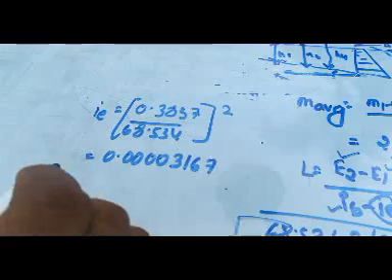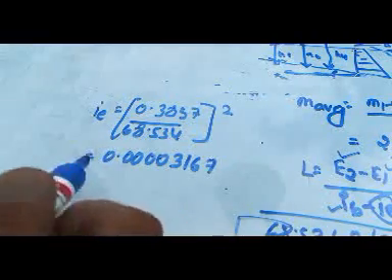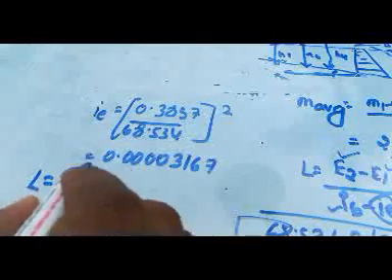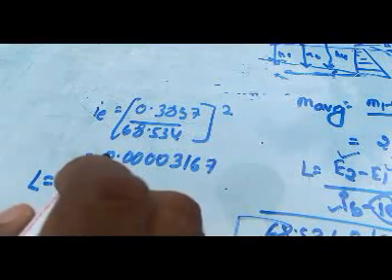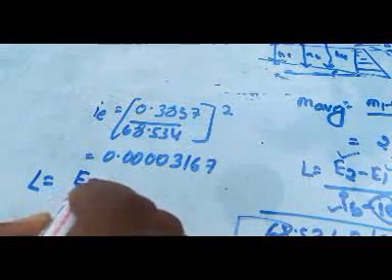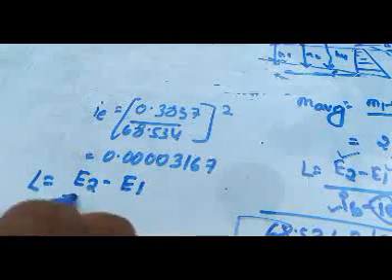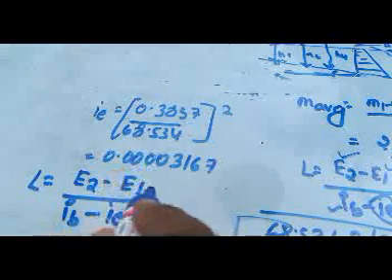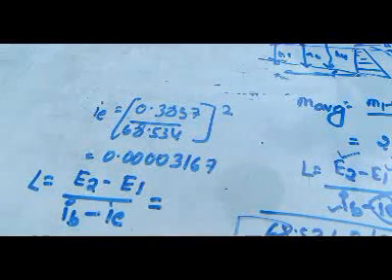So the L value, we substitute into the backwater curve length formula: E2 minus E1 divided by IB minus IE.